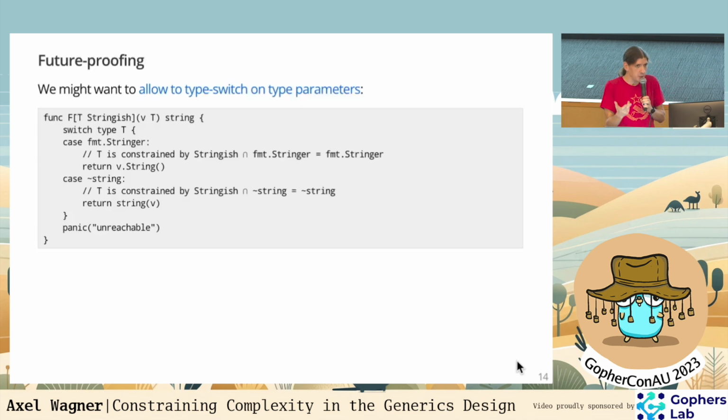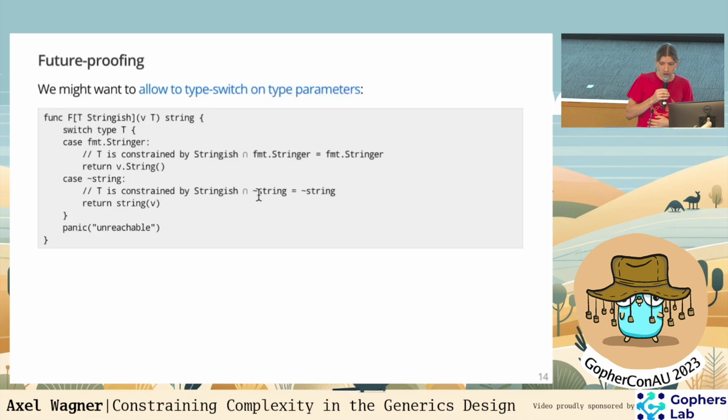And this would again be very, very useful, because, for example, we can write our stringify function without needing reflect, because now we can just do basically a type assertion on the type parameter to ask whether the underlying type is string. And then we know that our type parameter can be converted to string, because in the case block, it is constrained by stringish intersected with underlying type string, which is just underlying type string.